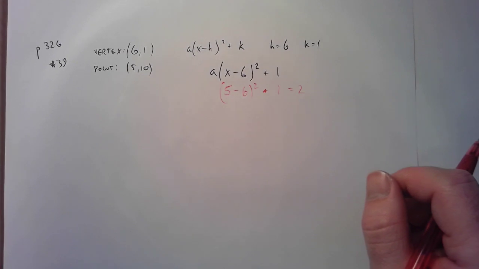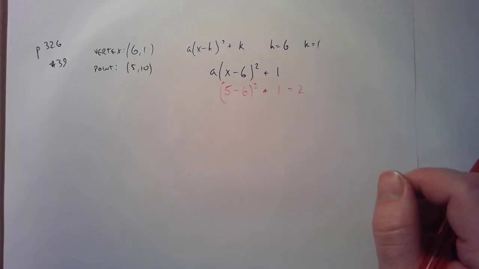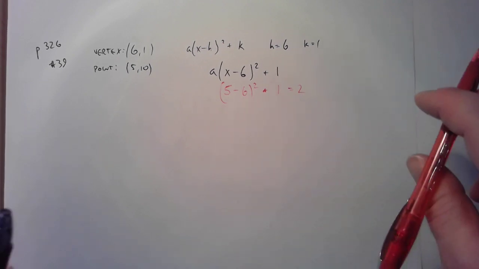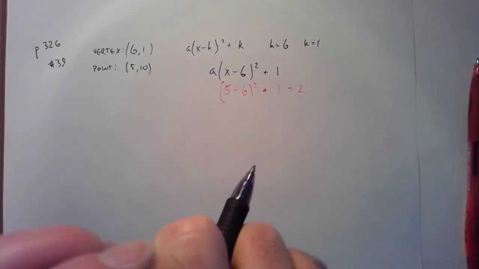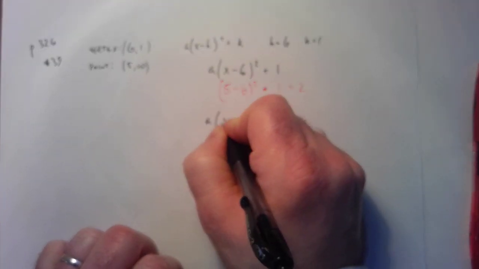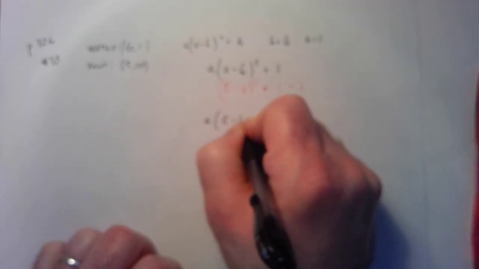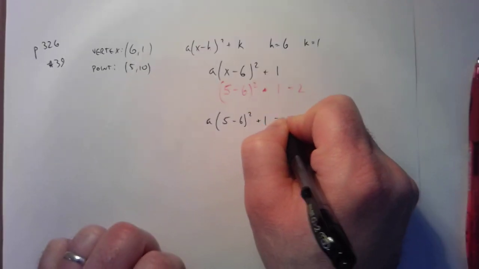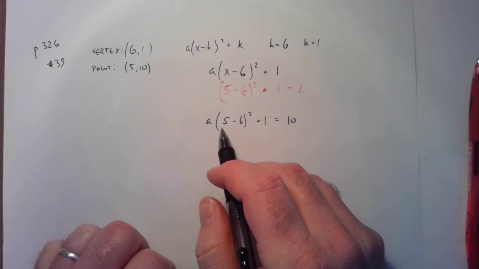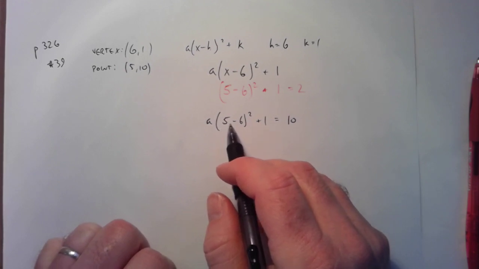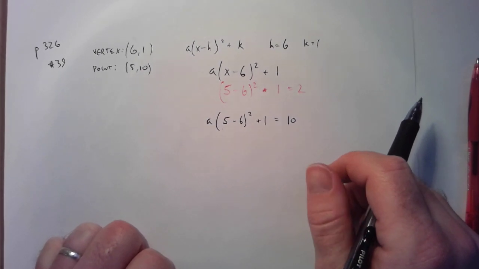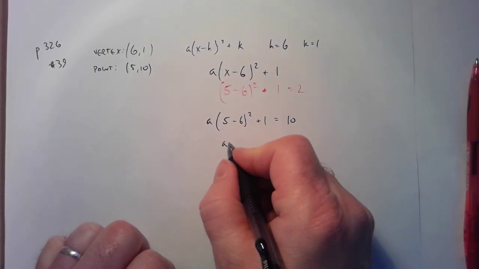We can actually do a little algebra here. I know that it's supposed to equal 10. So we could just write this equation. A of 5 minus 6 squared plus 1 equals 10. See? Put 5 in for x, and put 10 in for y. So basically, subtract 1 from both sides.